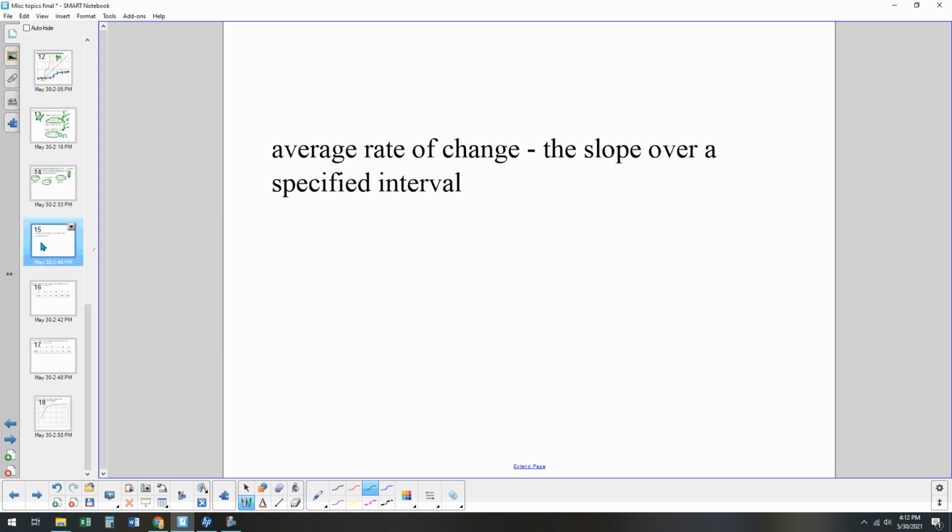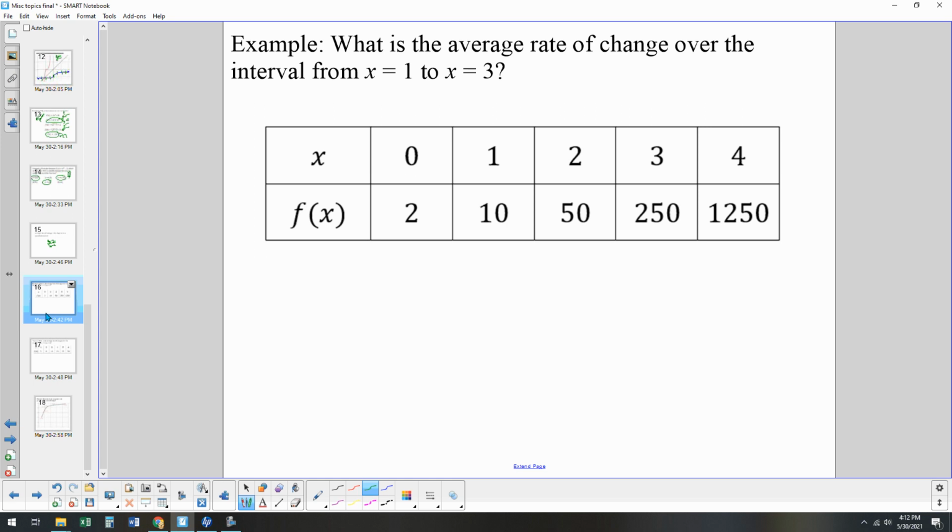The other topic, which we didn't get to chat about much, was average rate of change. And really, when you're doing the average rate of change, you're looking at the slope over a specified interval. So remember, slope is y sub 2 minus y sub 1 over x sub 2 minus x sub 1. Change in y over change in x. So if I look at it in terms of a table, they're telling me what is the average rate of change over the interval from x equals 1 to x equals 3.